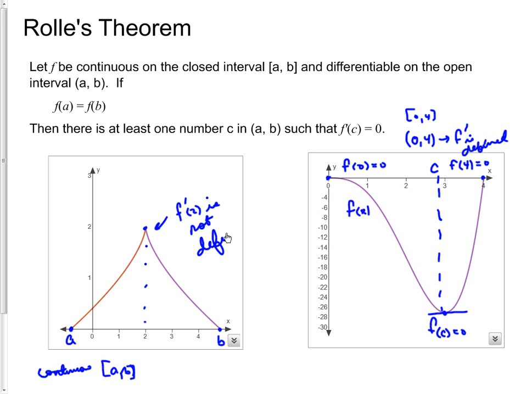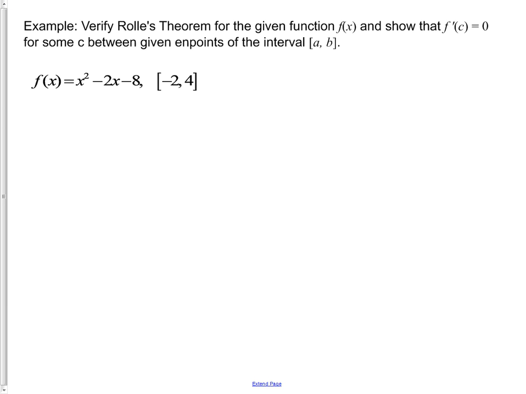That being the case, we would have to say that Rolle's theorem does not apply. It's important that the function be continuous on the closed interval, check, but also differentiable on that open interval. F of a has to equal f of b, so there are a number of things that have to be fulfilled for this to work.